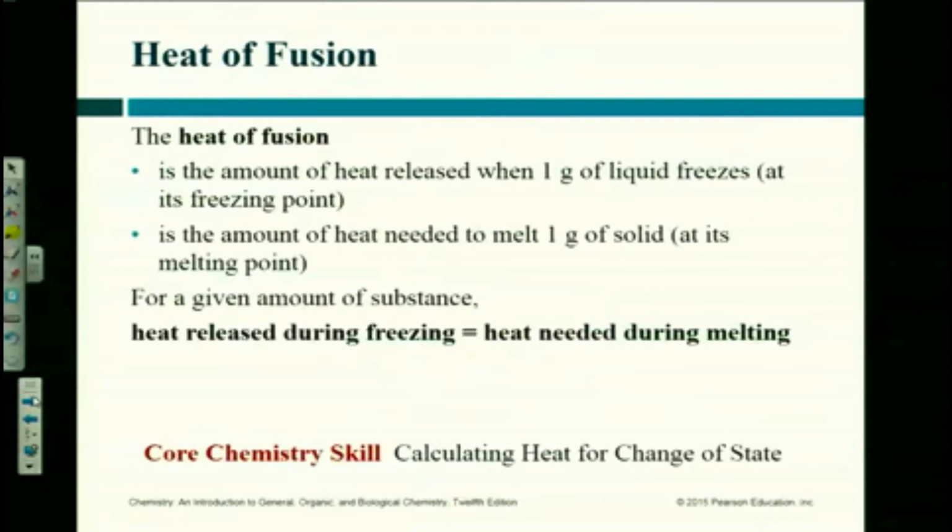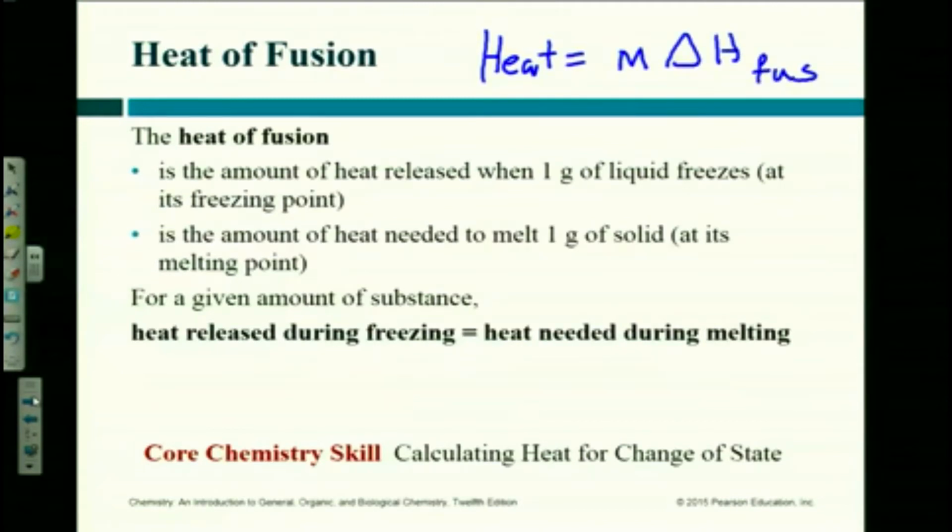Now, we have an equation that we can use for this. Heat equals mass times heat of fusion. This is called the heat of fusion.